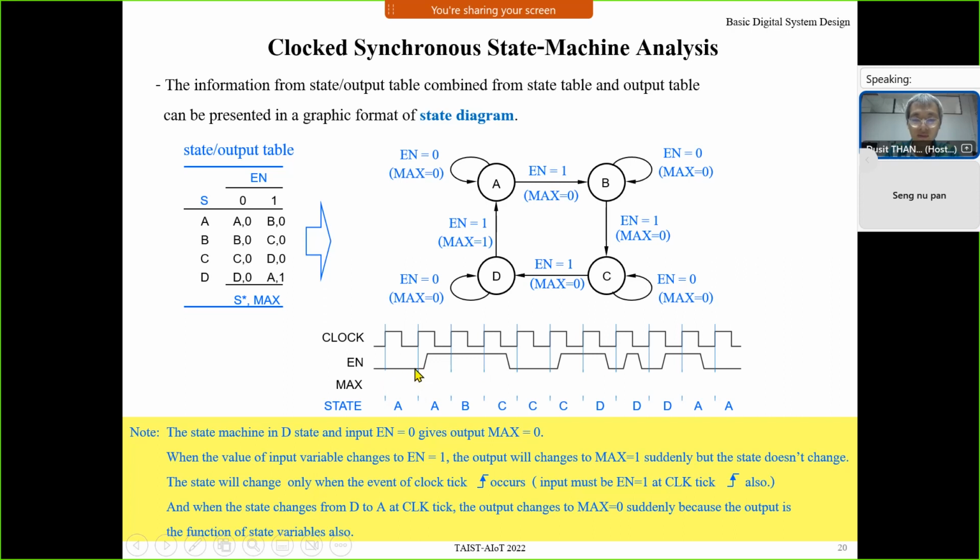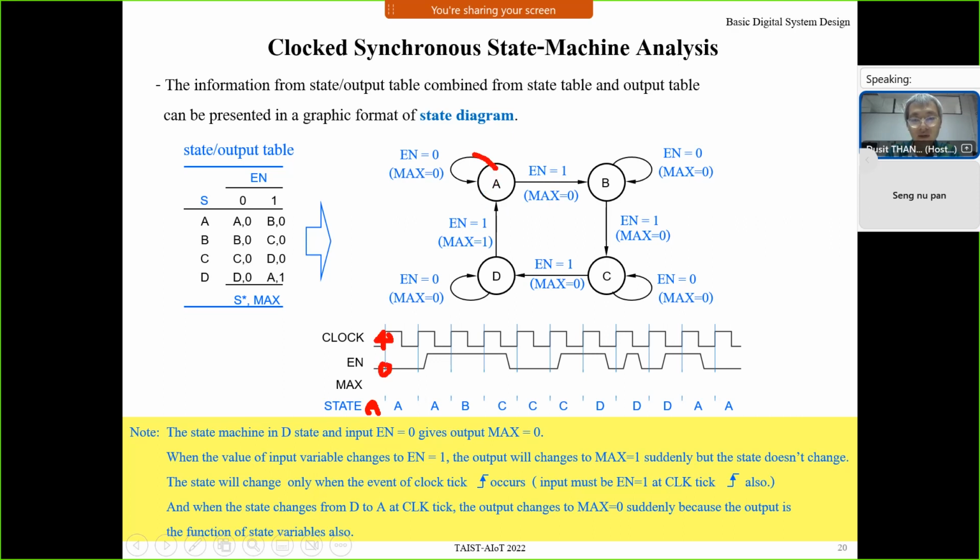After that you may check, for example, if you want to know the output value, if it starts from state A, when the clock ticks, the input is 0, right?